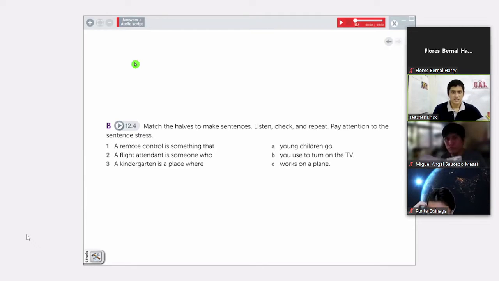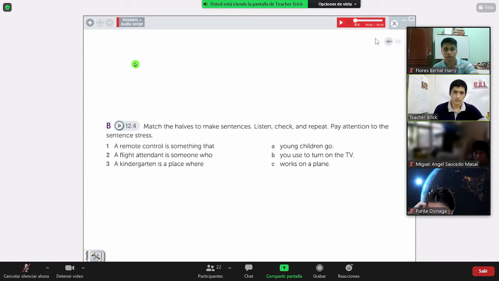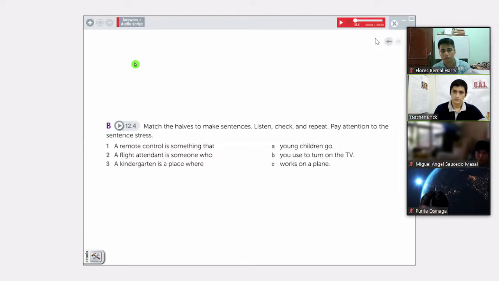So it says here that we had to match the halves to make one sentence. A remote control is something that you use to turn on the TV. That you use to turn on the TV, right? Yep.